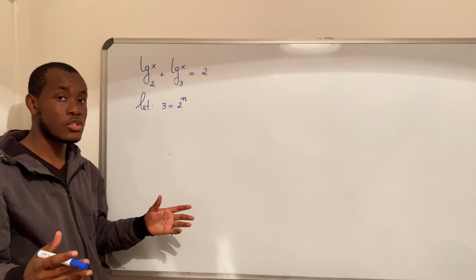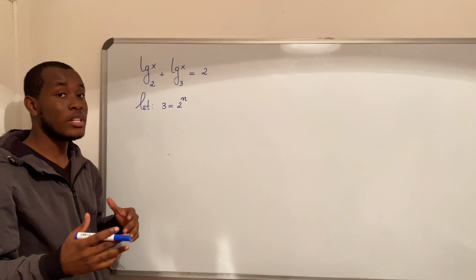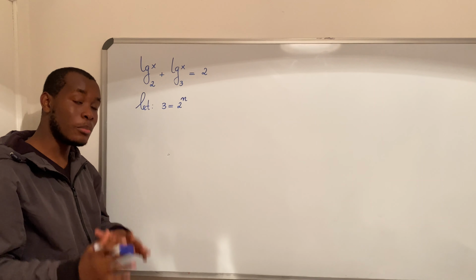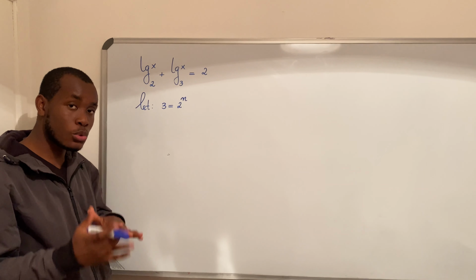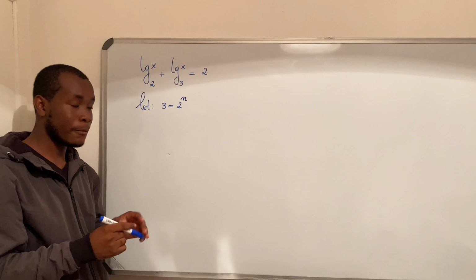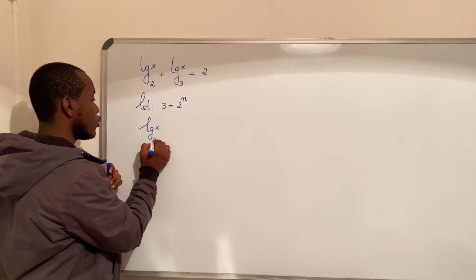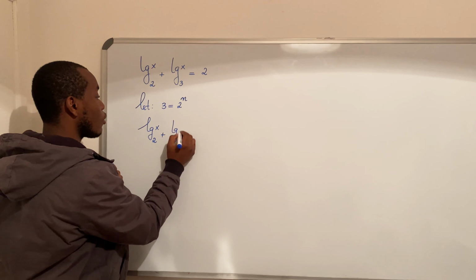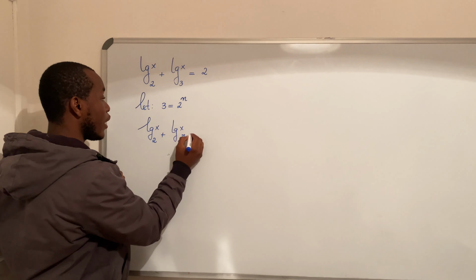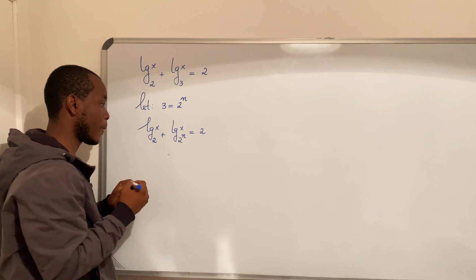Now we go back to our equation and substitute 3 with 2 to the power n. Substituting back, we have log of x to the base 2 plus log of x to the base 2 to the power n equal to 2.